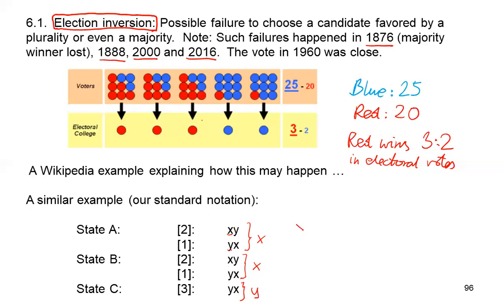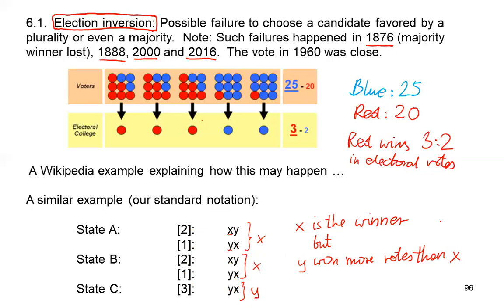So X gets 2 electoral votes. X is the winner in elections. But if we count all the votes, then there were 2 votes for X here and 2 there. For Y, 1, 1, and 3. So Y won more votes than X.